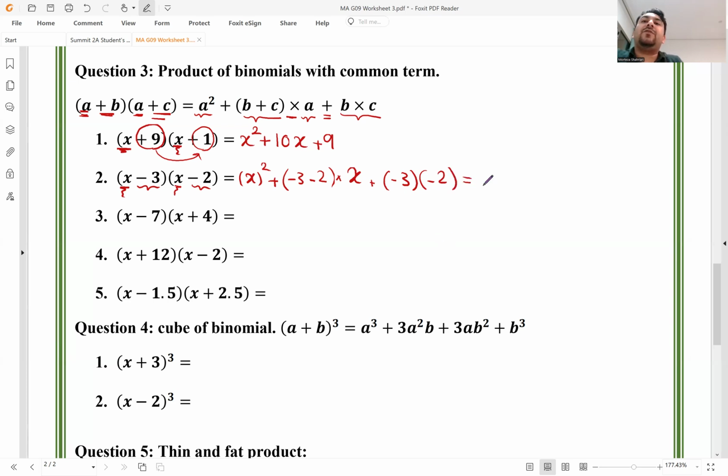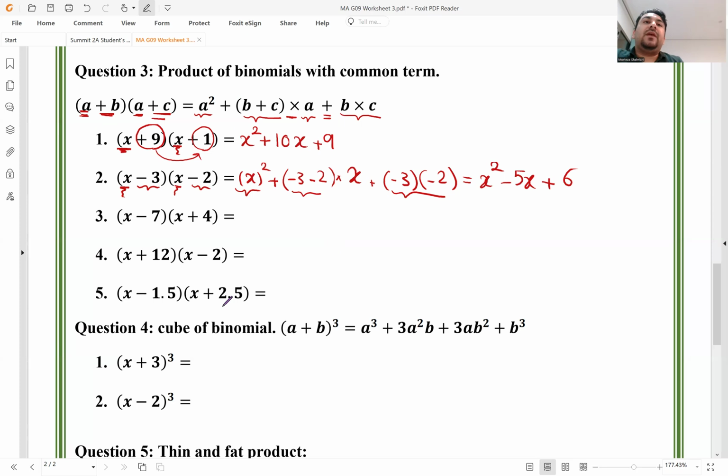You can simplify it from here. So x powered by 2 is x squared. Negative 3 minus 2 is negative 5 times x is negative 5x. Then negative 3 times negative 2 is positive 6. That's the answer to question 2.